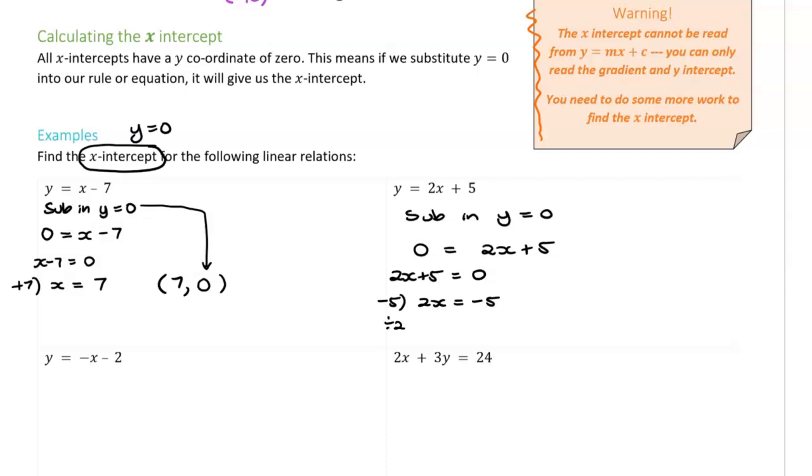Then we'll divide both sides by 2. x is going to be minus 5 over 2, or you could write that as minus 2.5. So as a coordinate, we're going to have minus 2.5, or you could have minus 5 over 2. Now remember, we had that y value of 0 that matched up with this. So let's pop that there.